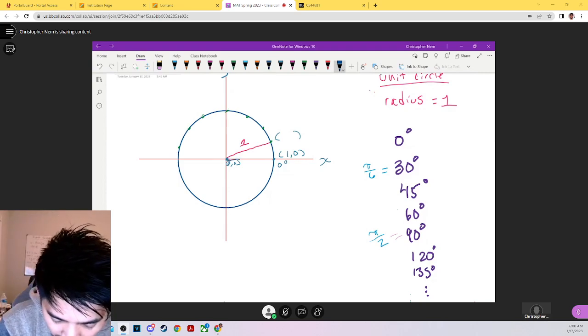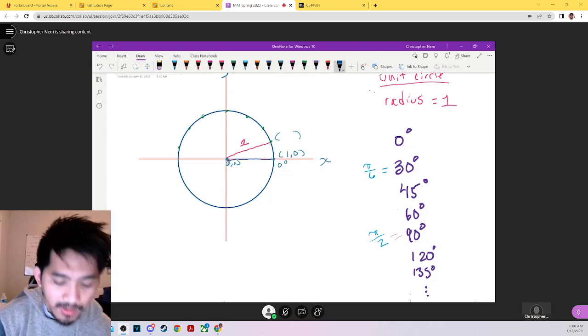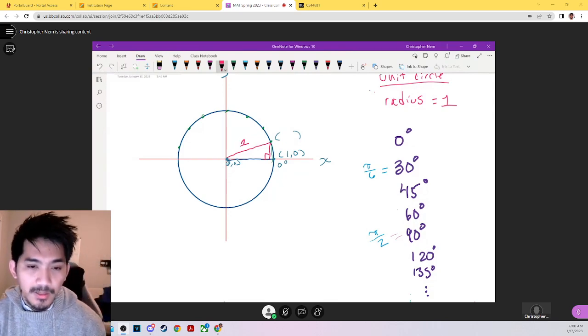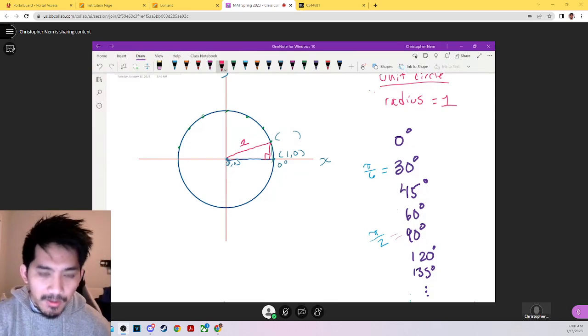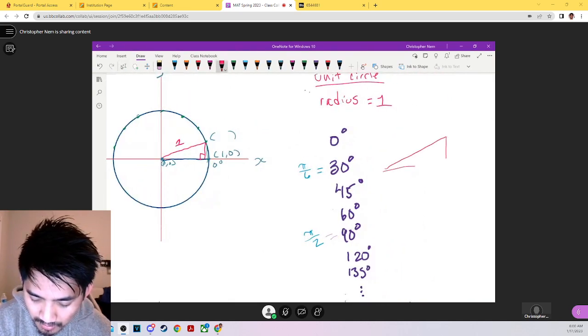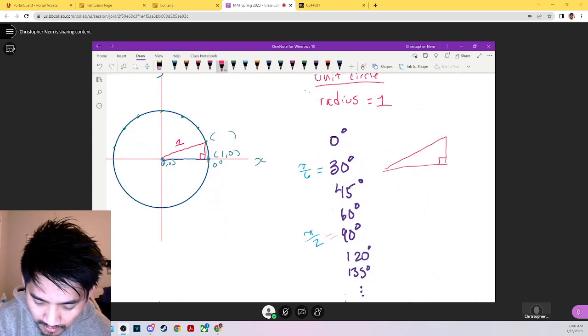So this is the base of your right triangle right there. And in doing so, I have this right triangle right here. If I were to pull that right triangle out, this is at 30 degrees. This is what it looks like, and this is 30 degrees.